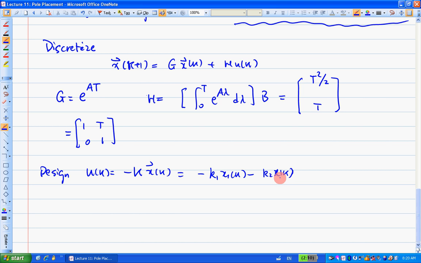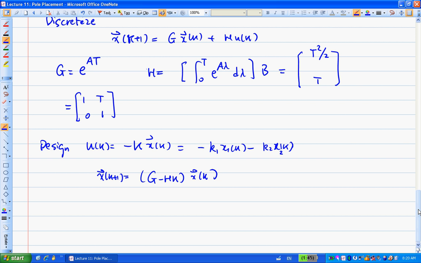Then we give this u back to the system, and what we have now is x of k plus 1 equal to G minus HK times x of k.